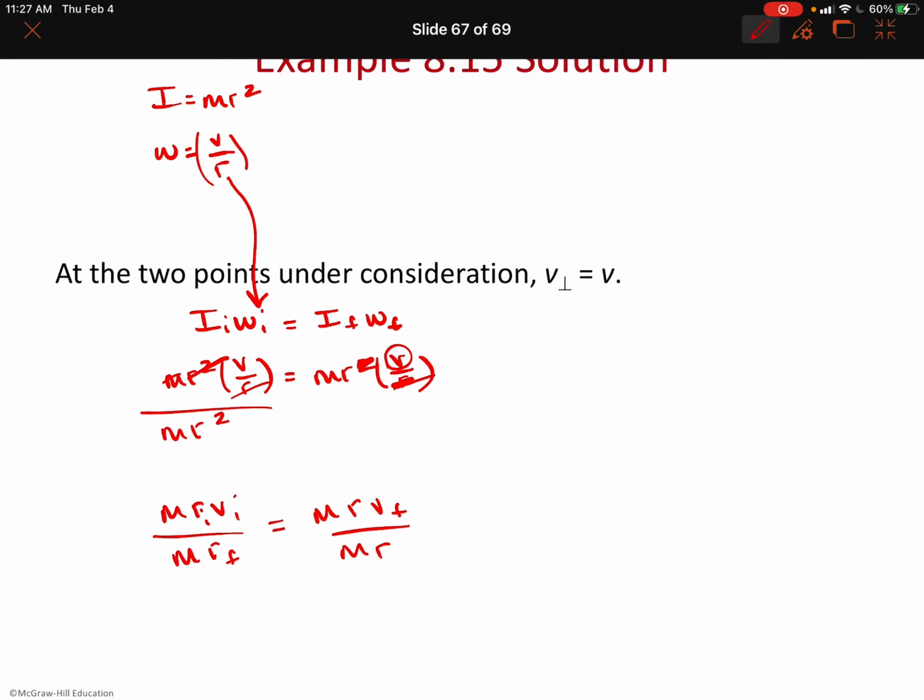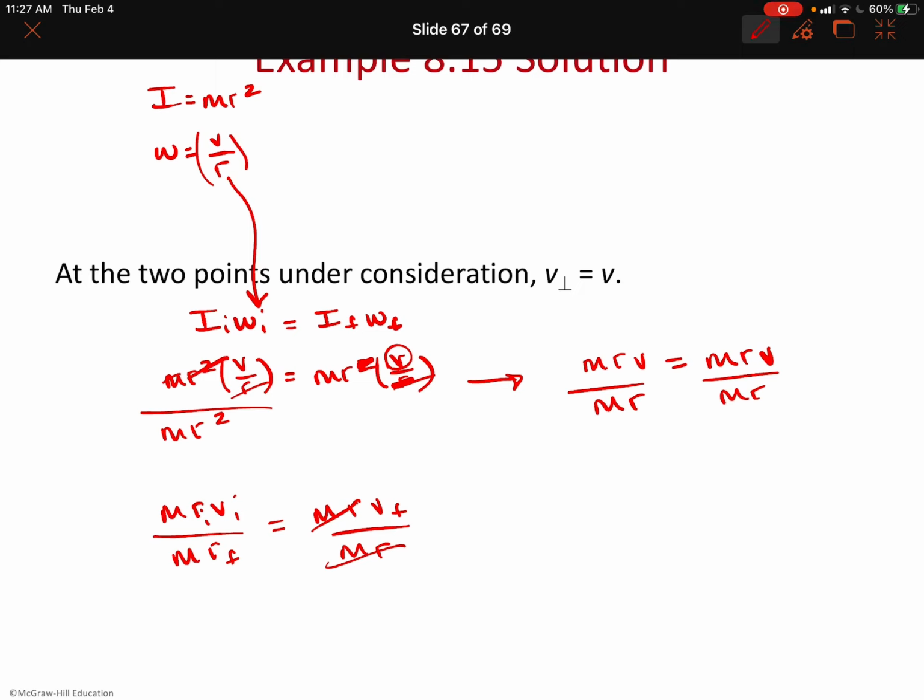So when you go to solve for that, it's like mRv is equal to mRv. So it's like this. Okay. Sorry about that. All right.